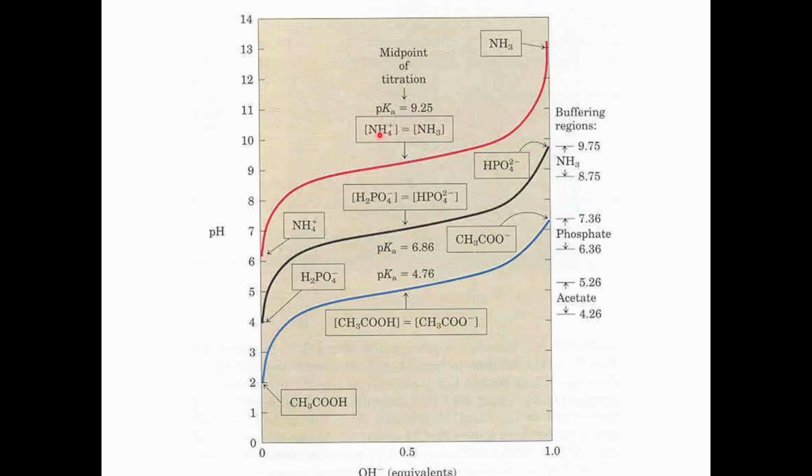Finally, we have the ammonia buffering system. There's our weak acid and our weak base. We add hydroxyl. The pKa turns out to be 9.25. So why would we use this system?